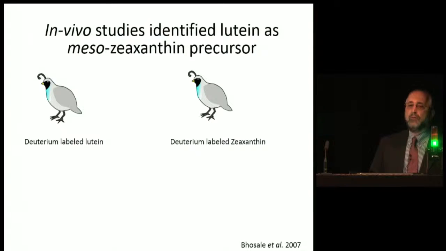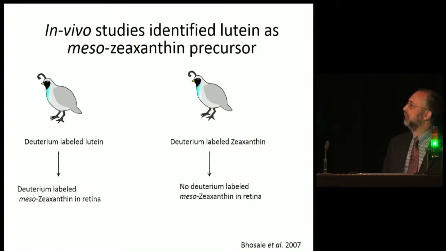We did, at the same time, a comparable experiment, this time in Japanese quail, where we used labeled compounds. This is even more specific in terms of saying what are the precursors and what are the products. And we fed these quail their normal diet, but in addition gave them either deuterium-labeled lutein or deuterium-labeled zeaxanthin, followed by mass spectrometry.